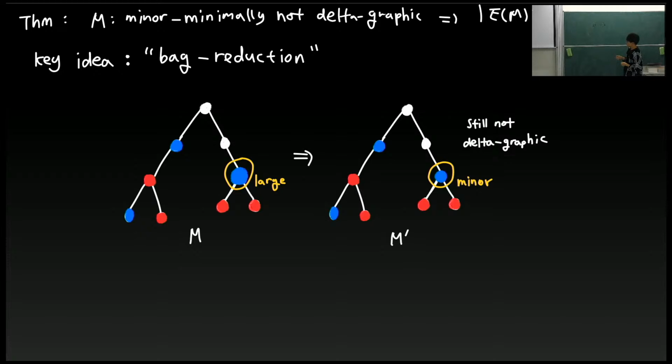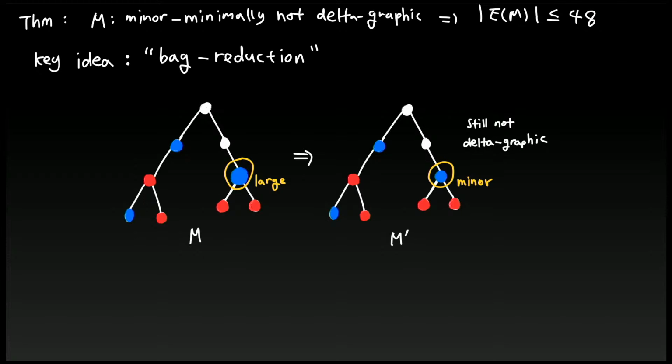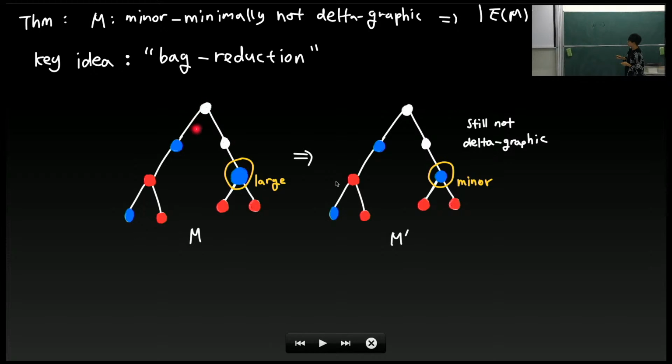And now I give some key ideas. There are three key ideas I want to say. The first one is called bag reduction. We only need to care about whether each bag is graphic or not, cographic or not.